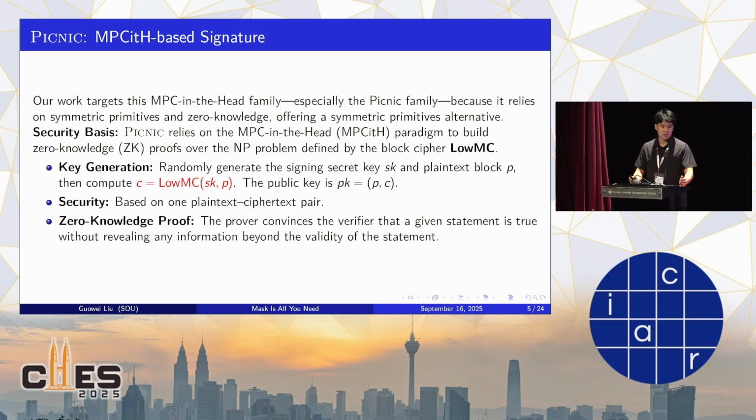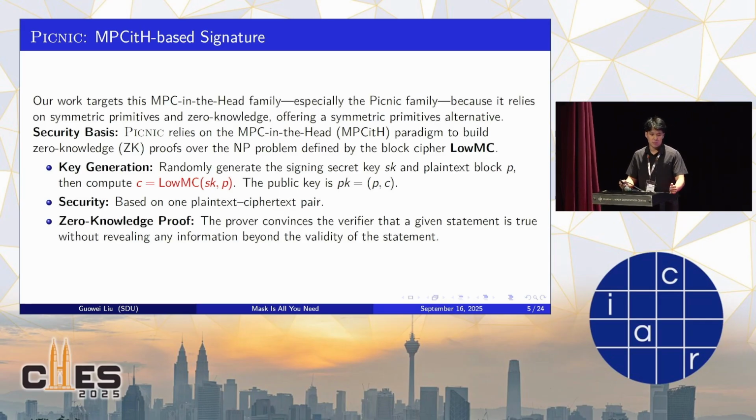The security basis of Picnic relies on the MPC in the Head protocol to build ZK proofs over the NP problem defined by the block cipher LowMC. For key generation, Picnic randomly generates the secret signing key SK and the plaintext block P, then computes C equals the LowMC encryption of P under SK. The public key is the pair of plaintext and ciphertext, and Picnic's security is based on this pair.